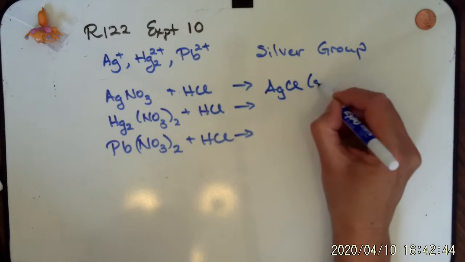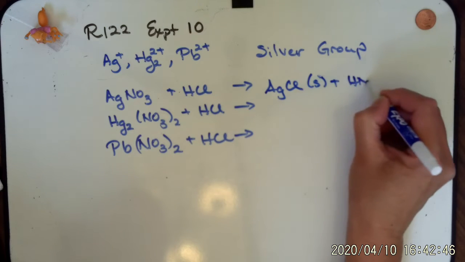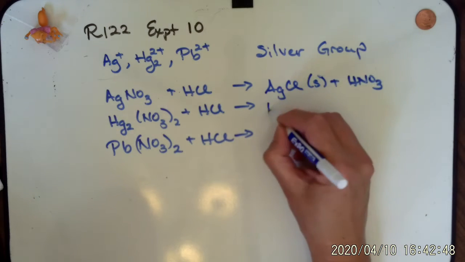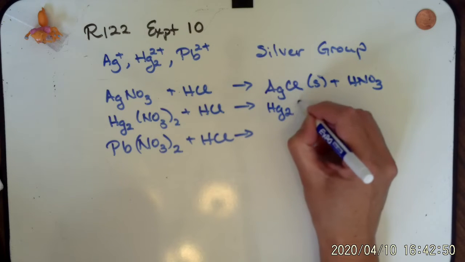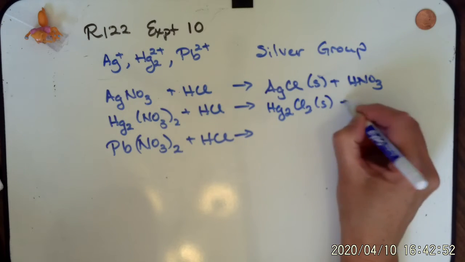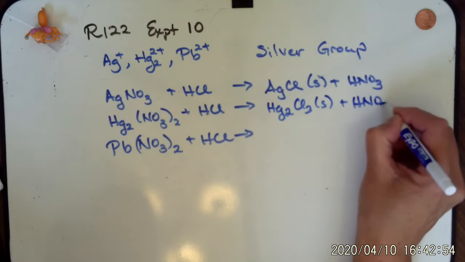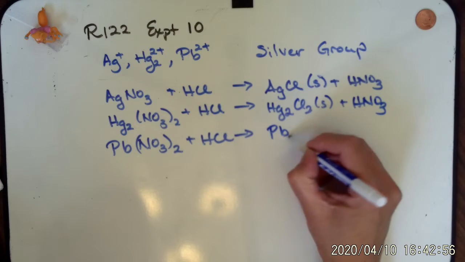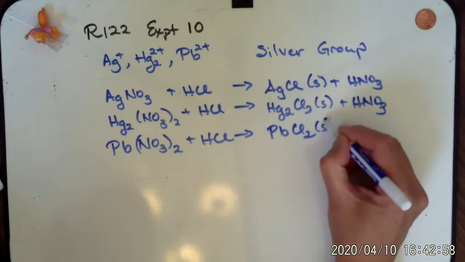We're going to get silver chloride, nitric acid, mercury 1 chloride, nitric acid, and lead 2 chloride, nitric acid.